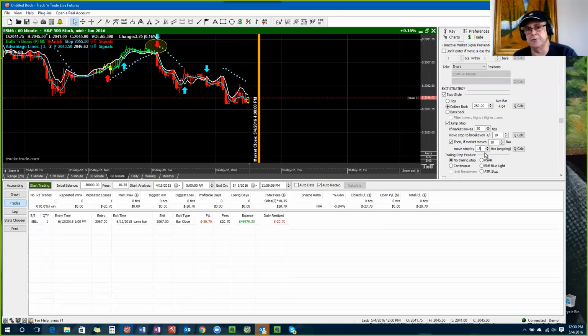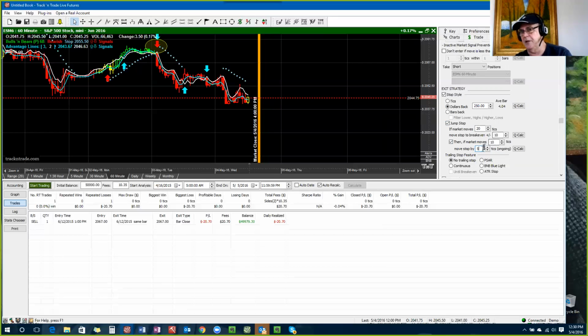If it just drops and drops and drops and then bounces back up and stops you out and then drops again, you're going to say, why in the world did I put that jump in like that? So give it some breathing room. If you just said 5, it has to drop 250, then locks in 125. Then it drops another 125, and it locks in another 75, plus the 125 you already had.